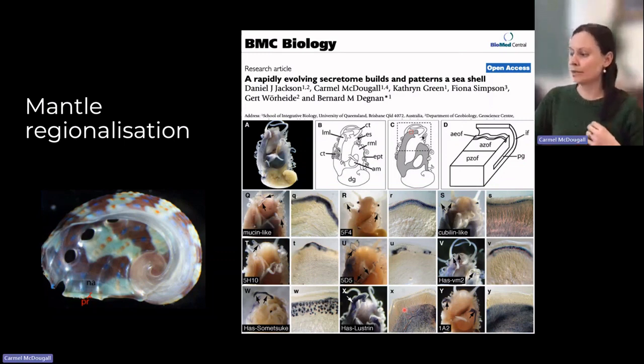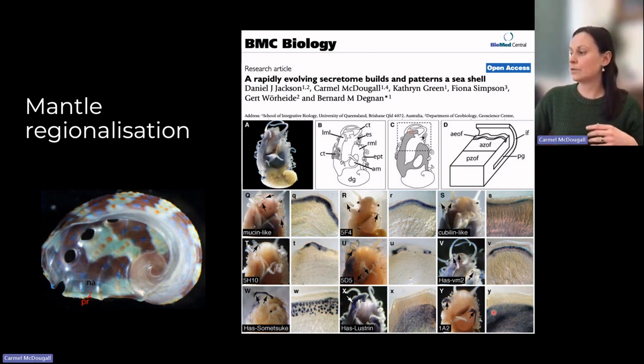And so what we know is that these genes encode proteins that can be found in the different shell layers. And we know now that this gene here, which we call somatske, is actually responsible for creating this red pigment that you can see in the outside layer of the shell, and it's expressed in this zone. So we know that this region of the mantle produces the prismatic layer.